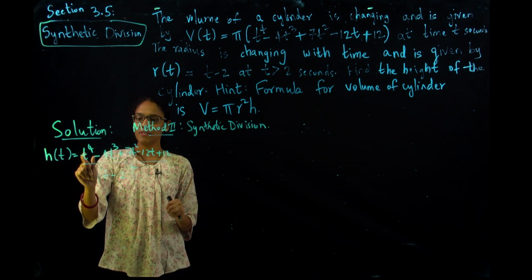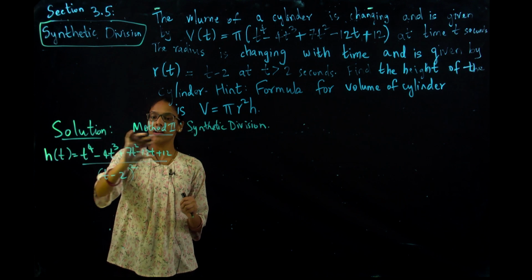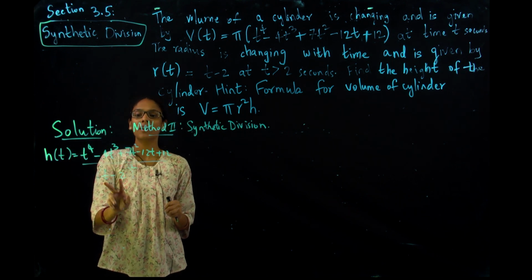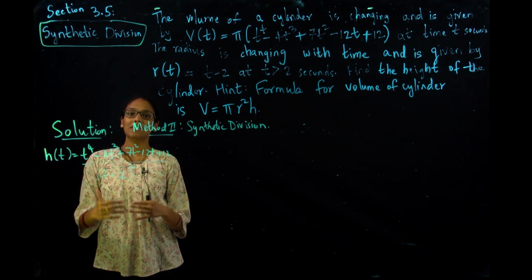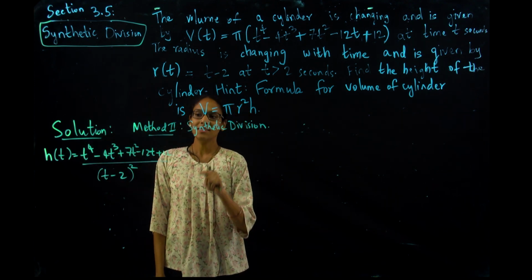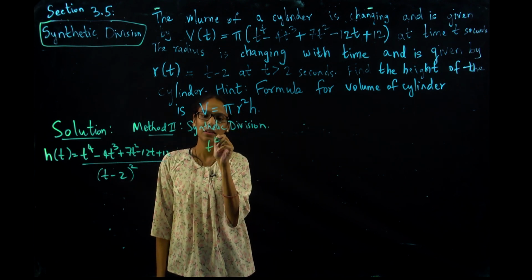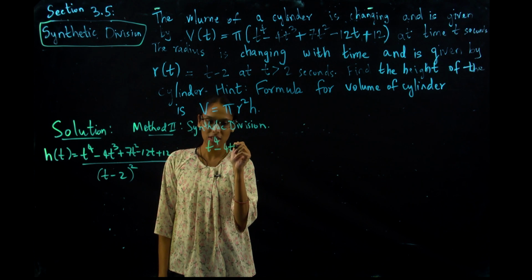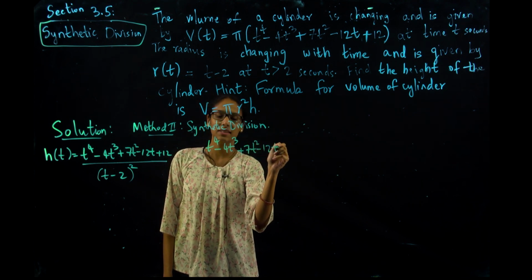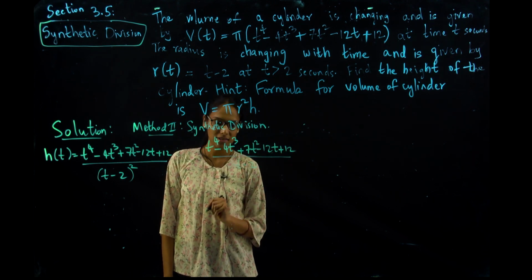First, we will do division of this entire dividend that comes from the volume by just 1 power of t minus 2, and take that quotient and divide it once again by the power of t minus 2. So step 1, let's do division of t to the 4 minus 4t cubed plus 7t squared minus 12t plus 12 by t minus 2.